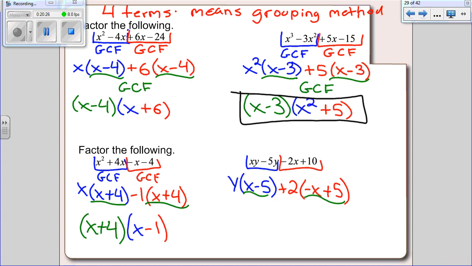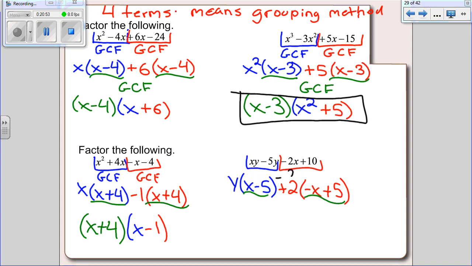So how do we change all the signs inside of a set of brackets? We change the number out front to be negative. So instead of factoring out a positive 2, I should have factored out a negative 2. And by making this a negative 2, it would change the inside to now be x minus 5.